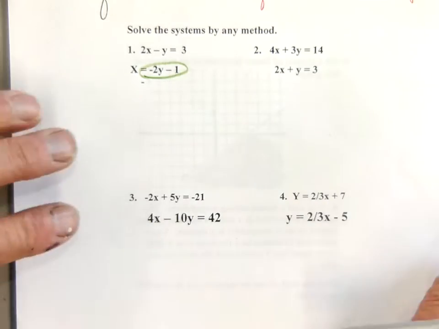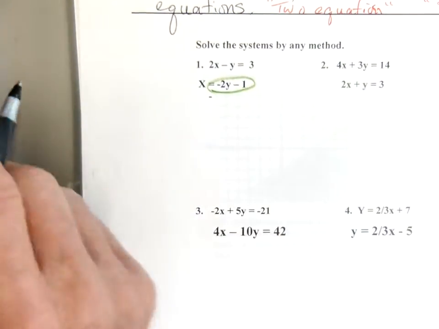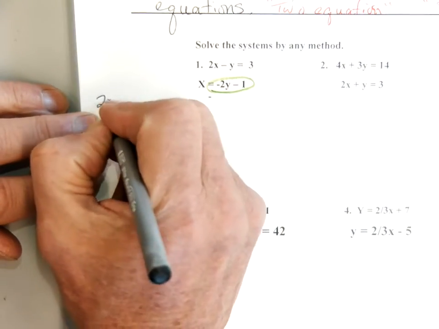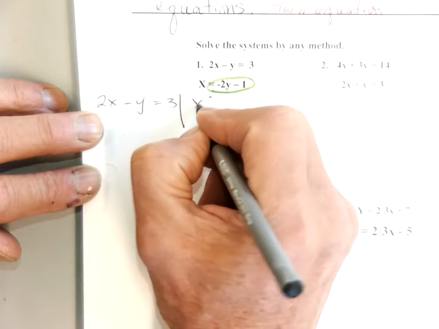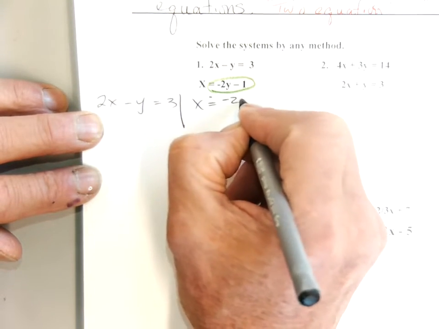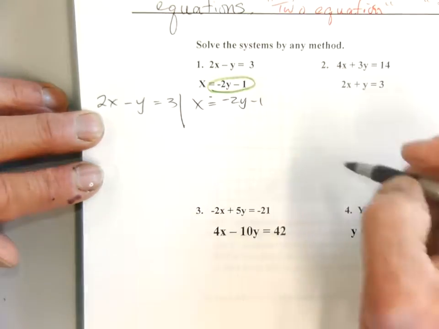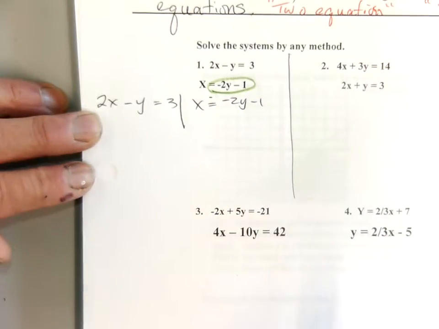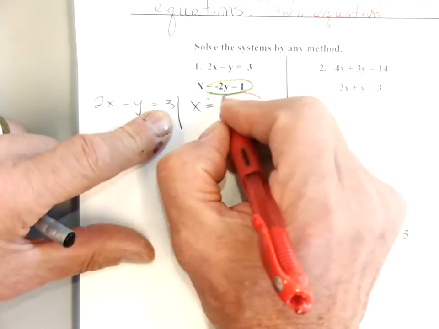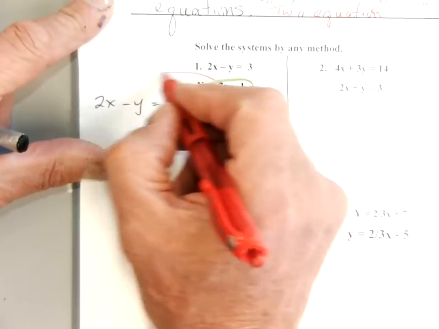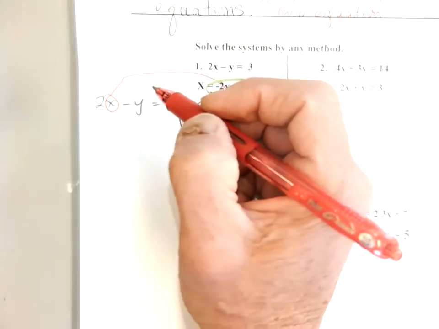So when I do substitution, I like to write them side by side. 2x minus y equals 3, and x equals negative 2y minus 1. Okay, I like to do that because then I have room to work. I'm going to take my negative 2y minus 1, and I'm going to replace x with that.